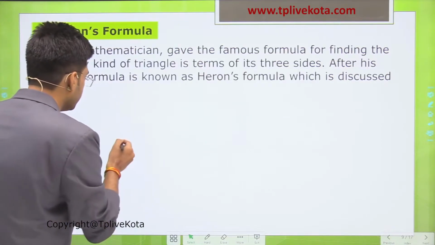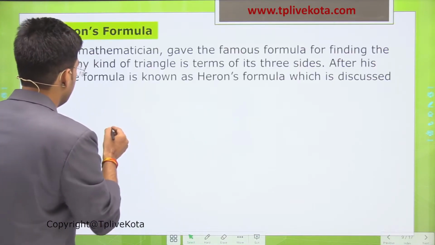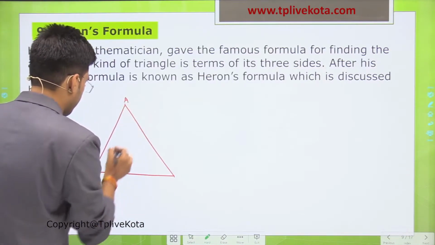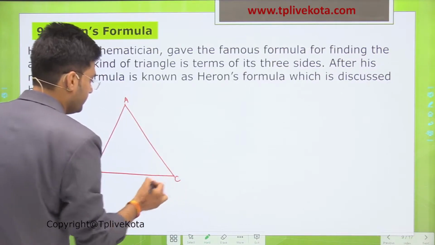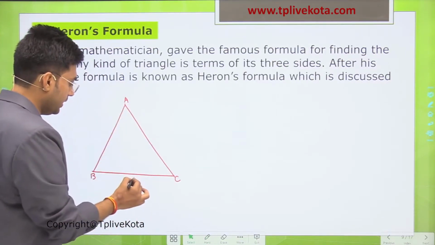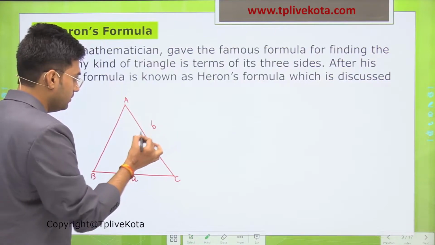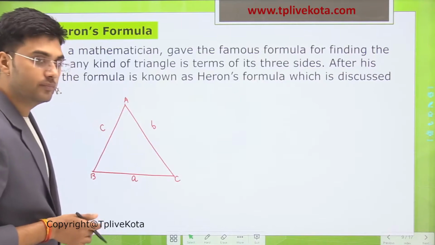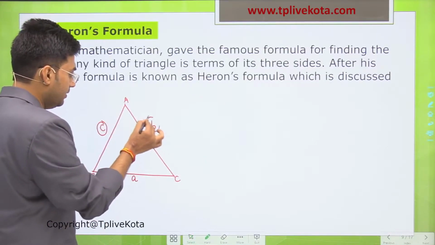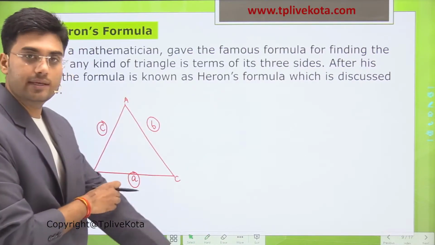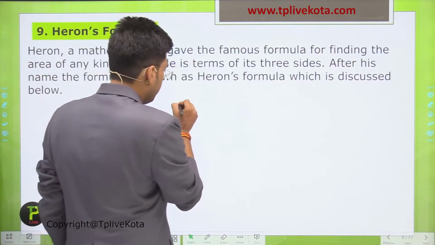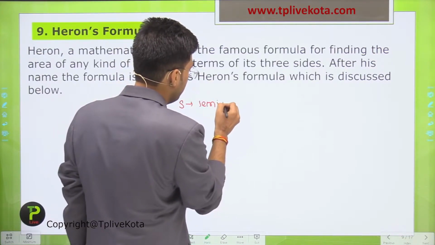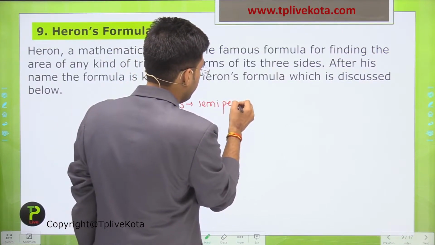If this is the triangle ABC, and the side opposite to angle A is A, the side opposite to angle B is B, and the side opposite to C is C, these are the lengths of sides BC, AC and AB. S is the semi perimeter.